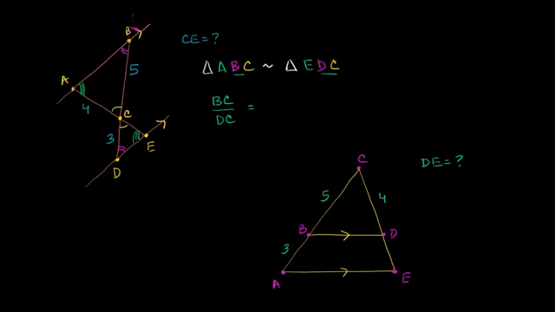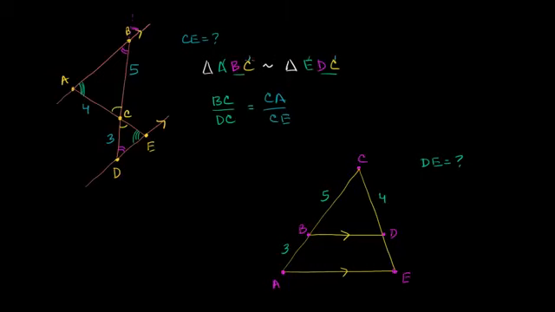the length of, well, we want to figure out what CE is. That's what we care about. And I'm using BC and DC because we know those values. So BC over DC is going to be equal to, what's the corresponding side to CE? The corresponding side over here is CA, so it's CA over CE.